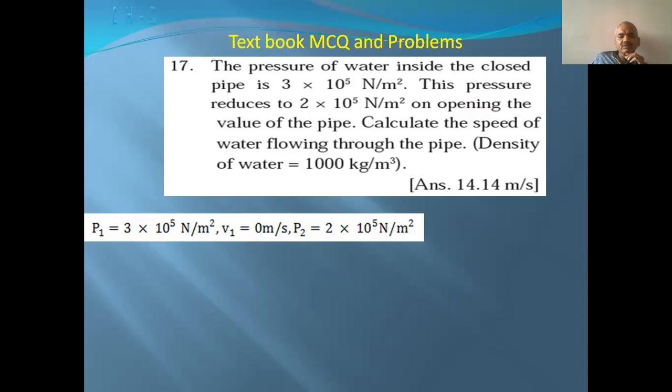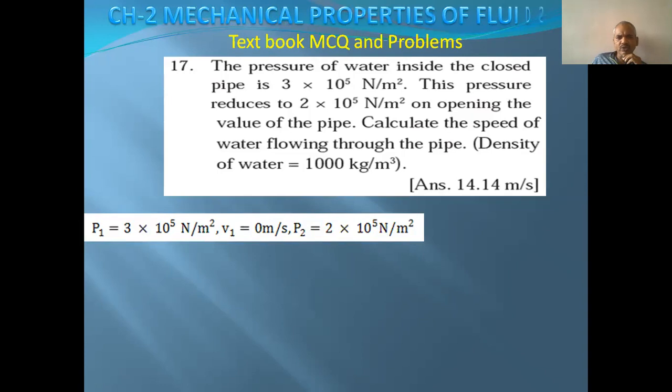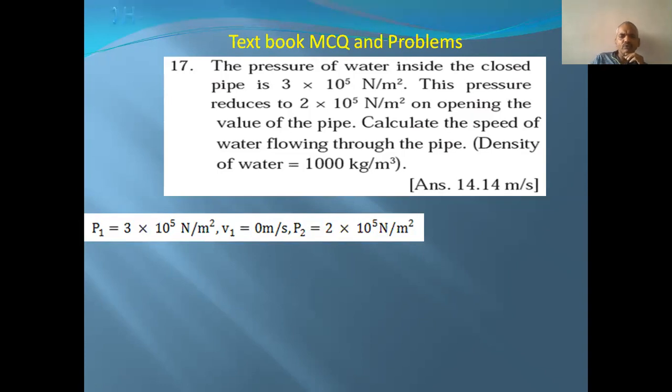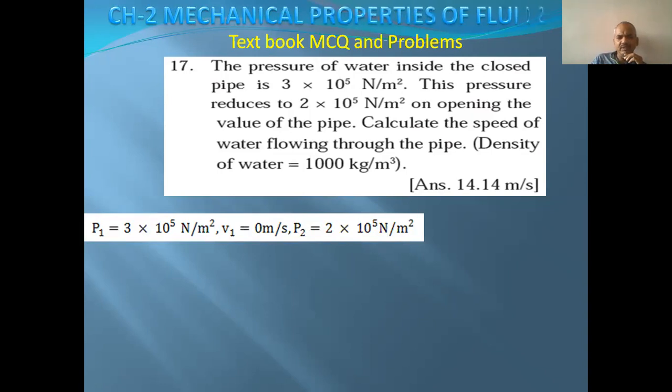When we measure the first pressure P1, the pipe is closed, meaning there is no flow of water, and because of this the velocity V1 is equal to 0. In the second case the pressure is 2 into 10 raised to 5. When we open the valve, we have to find out the speed of the water flowing through the pipe, where the density is given as 1000 kilogram per meter cube.